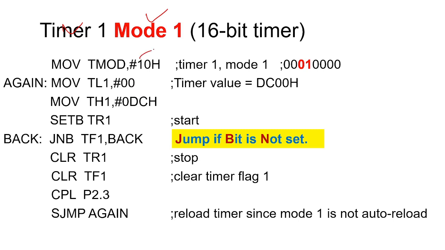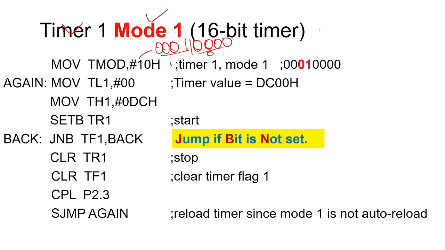This is in hexadecimal. If you write it in bits, I will write 0001 0000, that means the 0 and the hexadecimal 1. This is the TMOD register, to specify what type of mode you are using for your program.